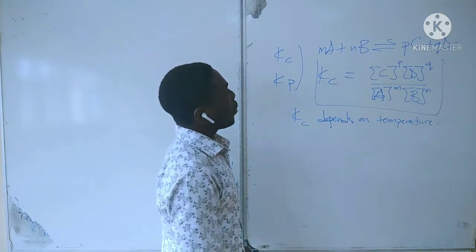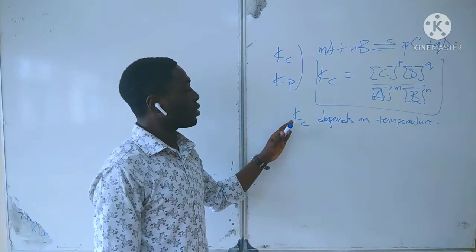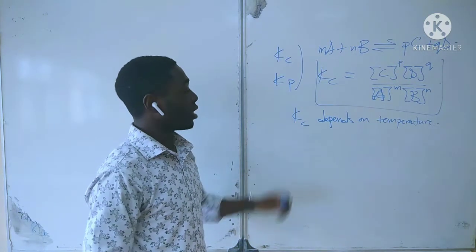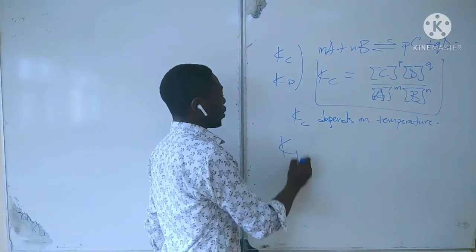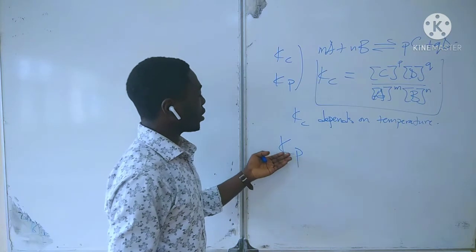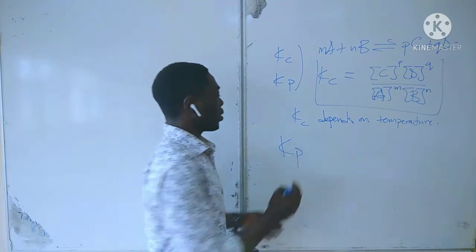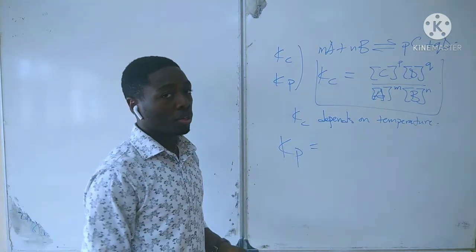Now, for a reaction in a gaseous phase, you consider what we call Kp. Kp is the equilibrium constant for gaseous systems, taking into consideration their partial pressures.